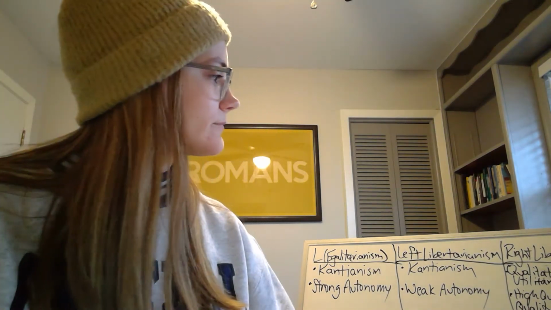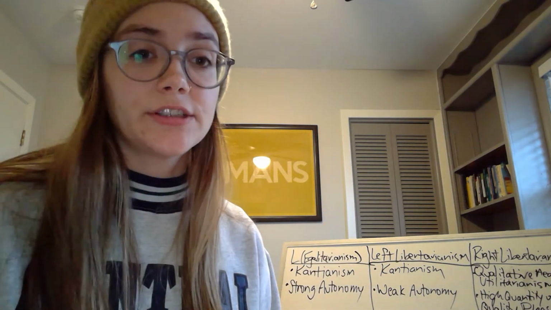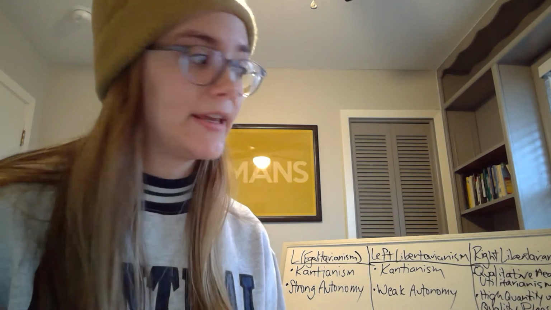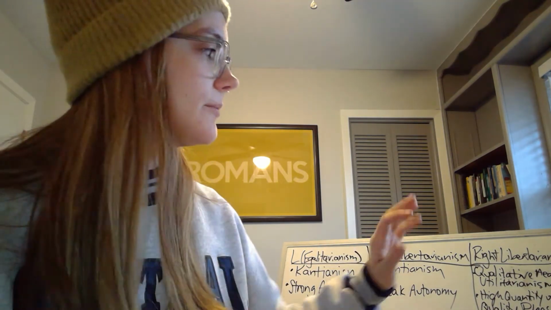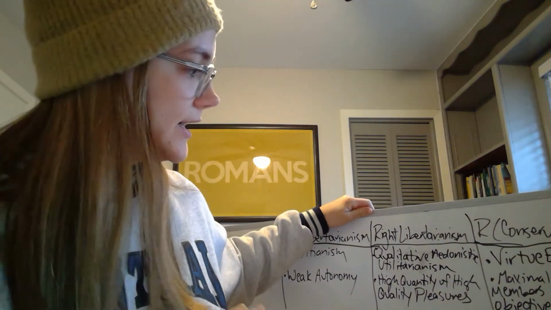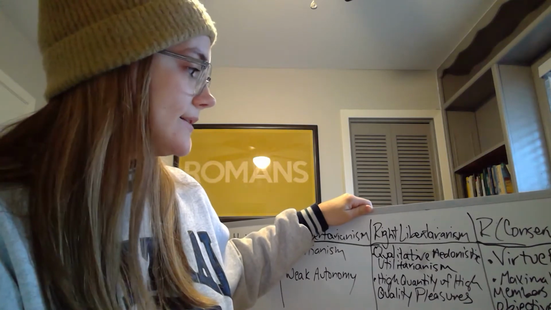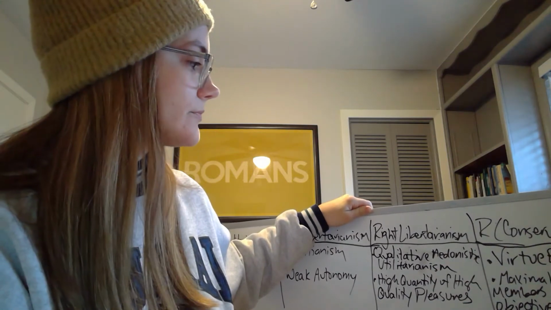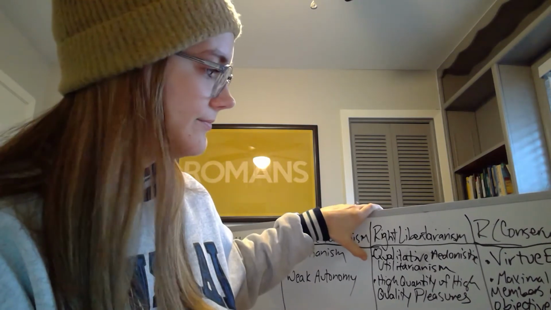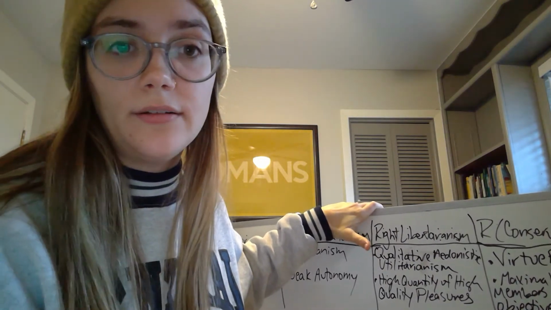All right. So those are the most important things to them. What's going to justify them in specific cases? Strong autonomy, weak autonomy. Then you get to right libertarianism, which is high quantity of high quality pleasures. That is the ultimate goal, and it's basically the morality, but worded differently.